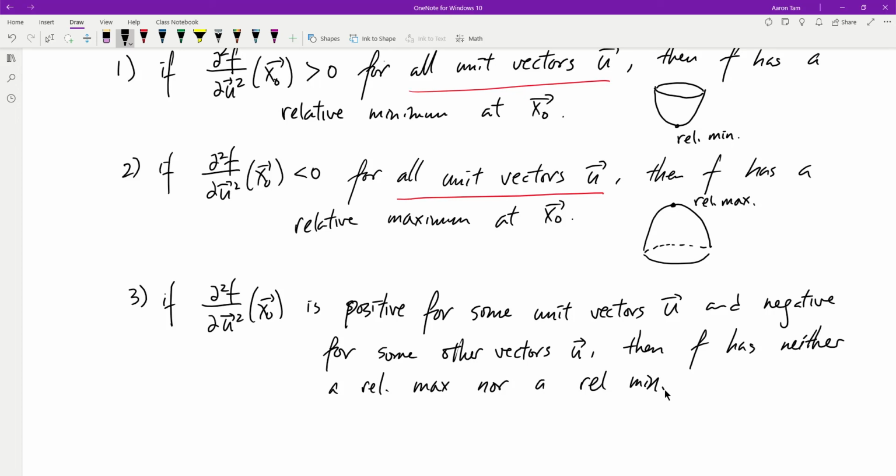Notice this also mirrors the second derivative test that I stated, where it changes sign in some cases for some u and then changes to negative for some other u.